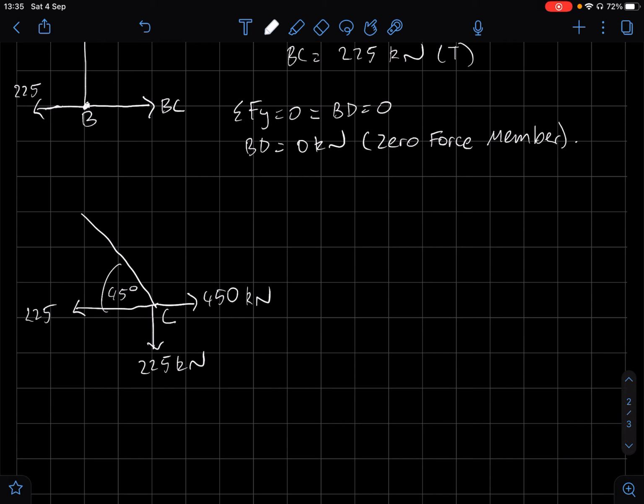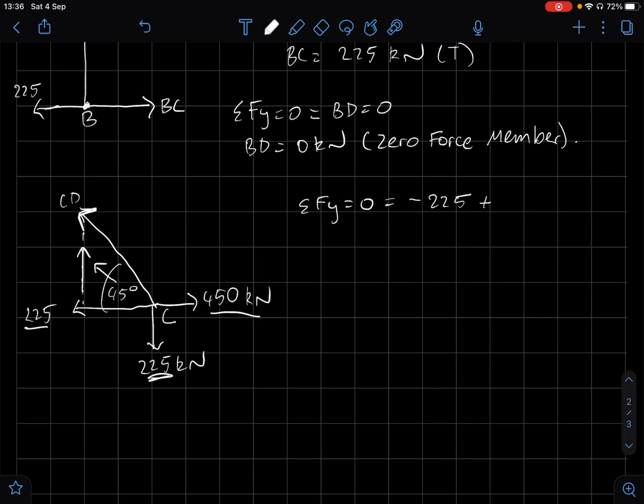Okay. Sum of the forces in the y equals 0. So this member here we're going to call CD. We just need to know the y component of this CD, don't we? Just like everything else. So we don't need to worry about these two, which are only x component forces. So we have a negative 225, that's this value here, plus, so I'm going to assume that this is going in the positive direction by process of elimination. This component here is just going to be the sine of this angle.